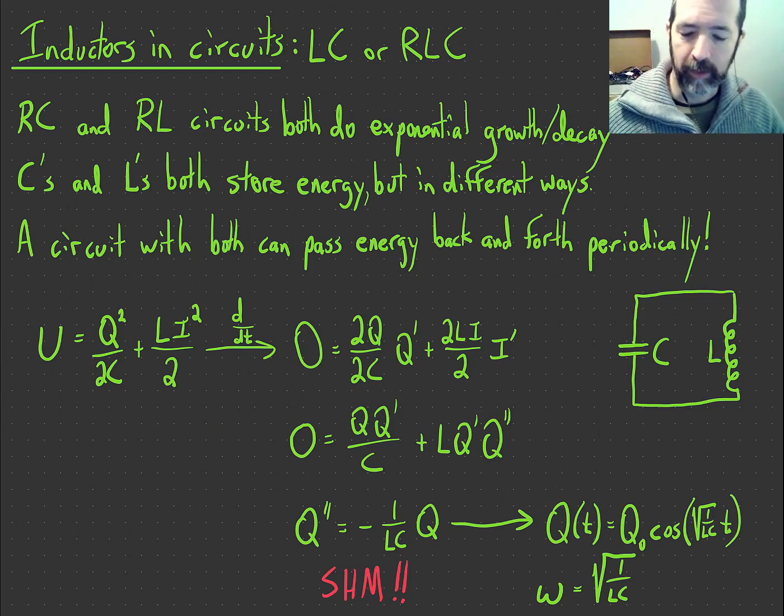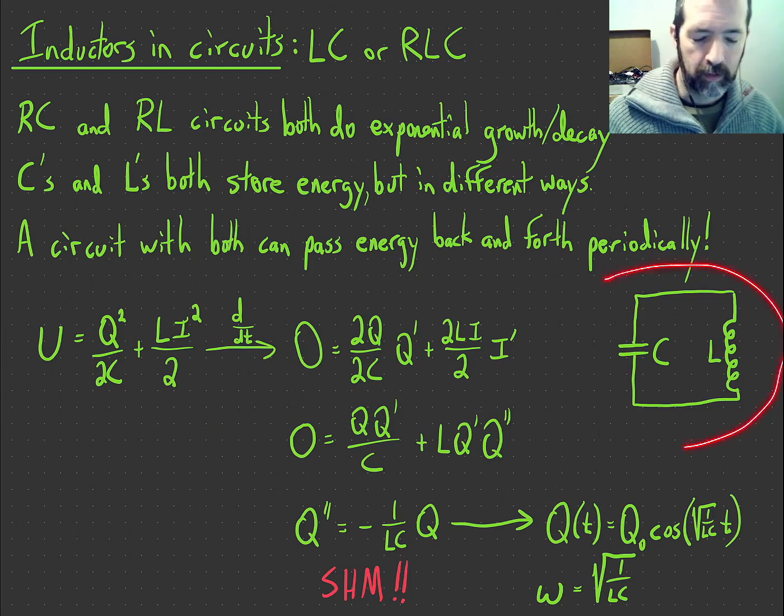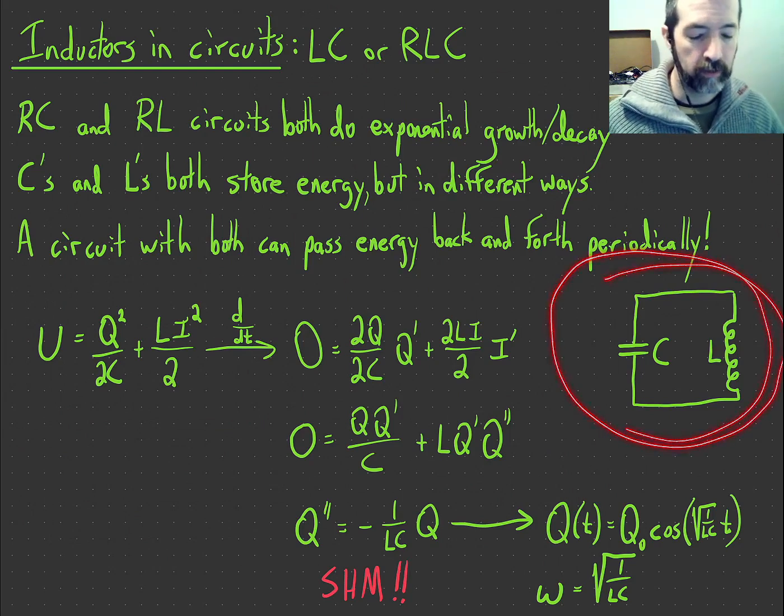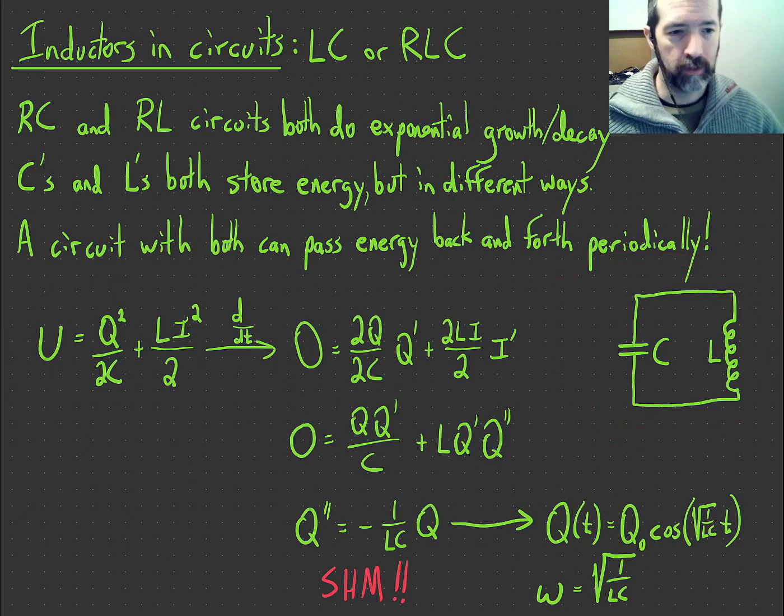So what ends up happening is that the energy oscillates back and forth between the two devices. I have a schematic drawn here that has only the capacitor and the inductor, so there's not even a battery here, just to keep it as simple as possible.